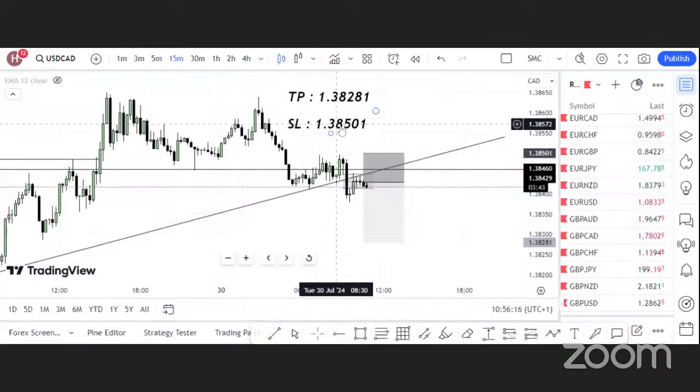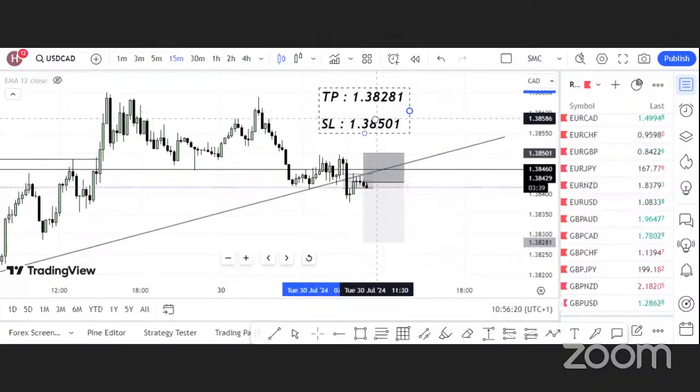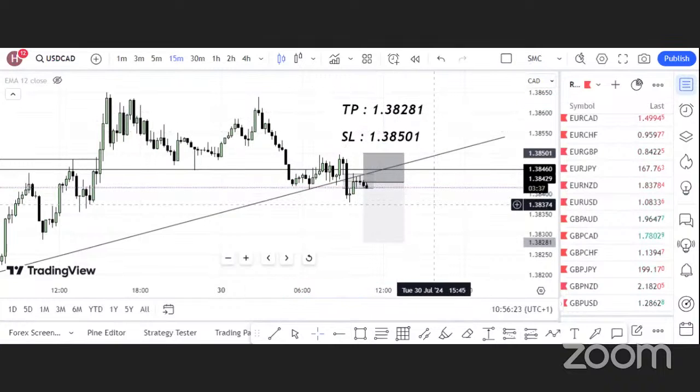This is the new stop loss. All right. So please edit your stop loss and enter the new one.